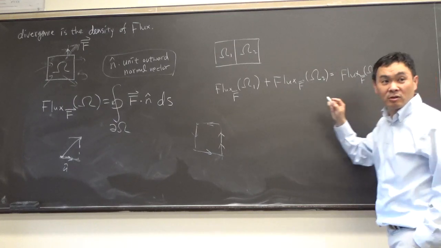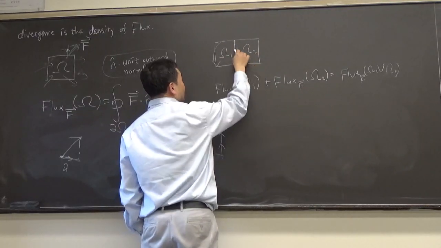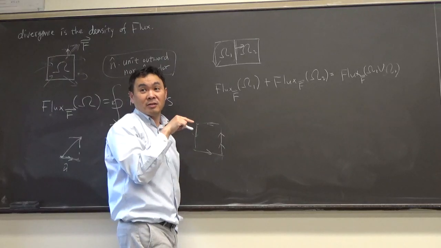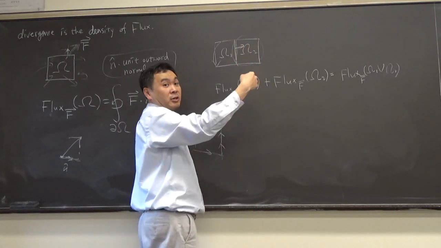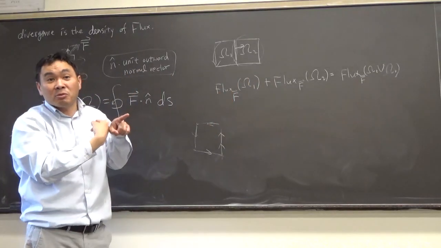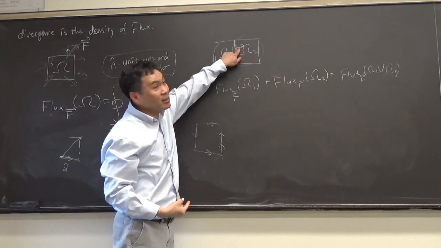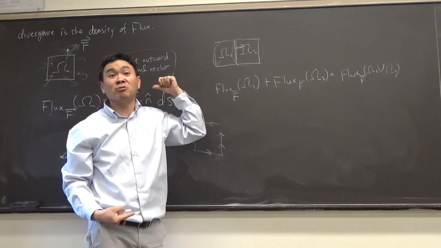Why is that? Well, look, if you go around like that, the outward normal over here is pointing to the right. But if you go around like that, the outward normal here would be pointing left. They're both unit vectors, just exactly opposite in sign. So let's call this n1, and the other one n2.